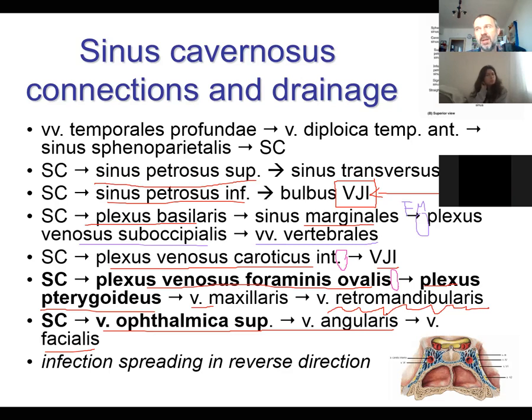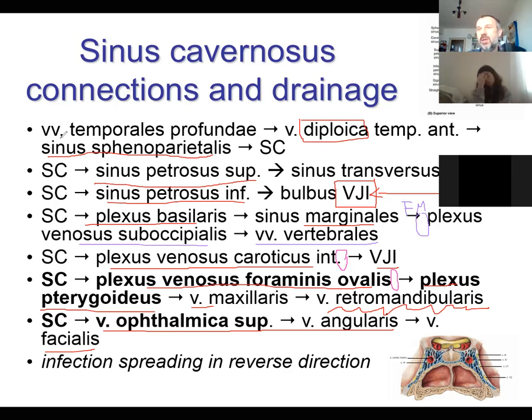The last way to drain it is via the sphenoparietal sinus to the side along the lesser wings of the sphenoid bone. Then it gets close to the bone. It gets into the diploic veins inside the bone. We will talk about them in a minute. And then from them it drains superficially to your so-called temple.